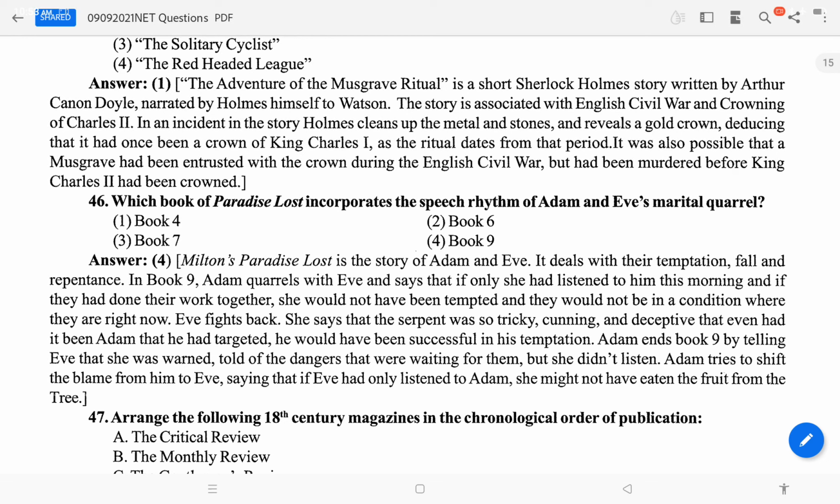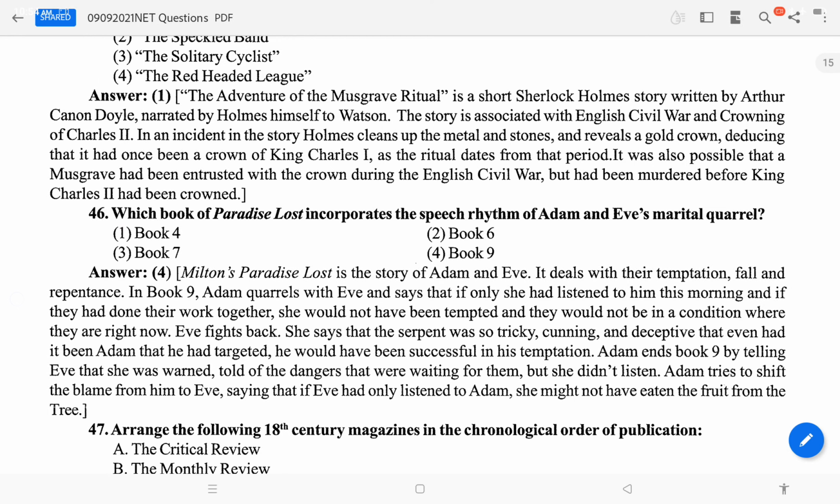So the story is about the crown of Charles the First, and the crowning of Charles the Second. You know that Charles the First was executed, and the story is about his crown.